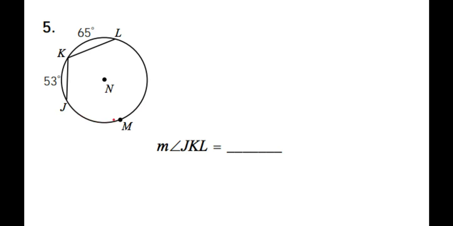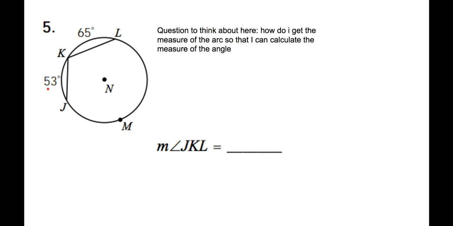Now, is there a way I can figure that out using 65 and 53? Well, I can subtract it from 360 because I'm using the entire circle. So 360 minus 65 minus 53 equals 242.